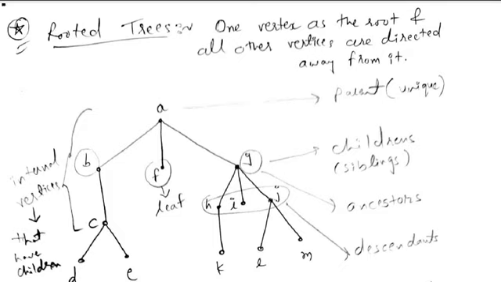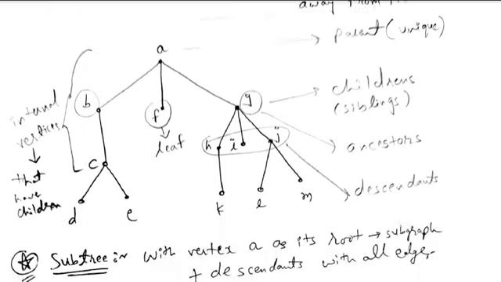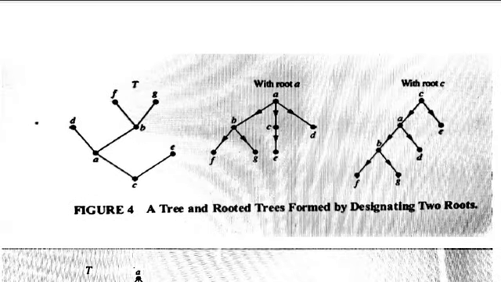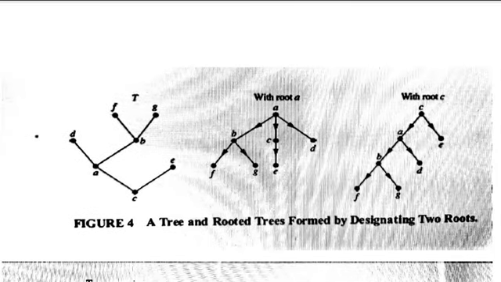Let us see an example on this. This is an example of a rooted tree. Let us see one more example. For this graph you can take any vertex as a root.